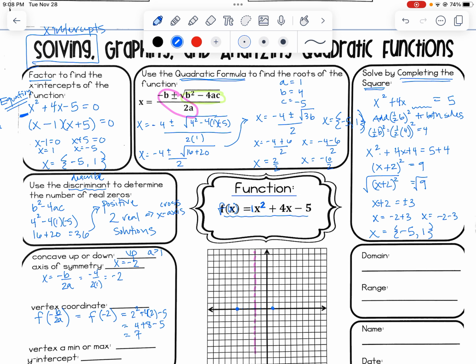Sorry, I just had a blank. Is my math right here? 4 plus 8, 12 minus 5, 7. It should be negative 2. Oops, I made a mistake. Negative 2 squared is in fact 4, but 4 times negative 2 is negative 8.